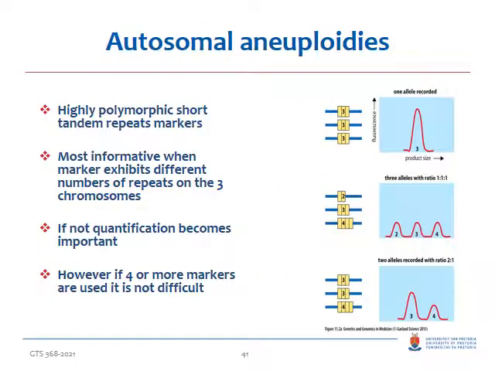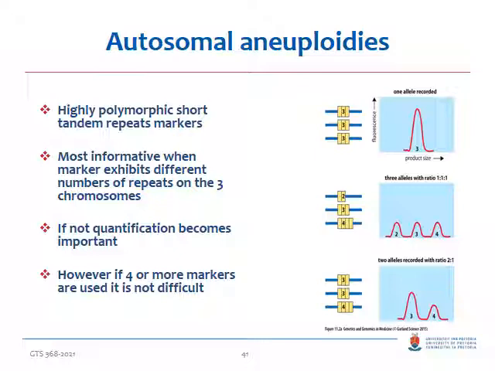So the markers you use are highly polymorphic short tandem repeats, and will be most informative if the markers exhibit different number of repeats on the 3 chromosomes. If not, you will have to do some quantification.